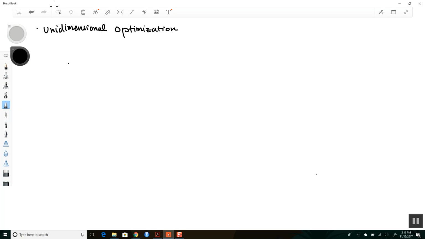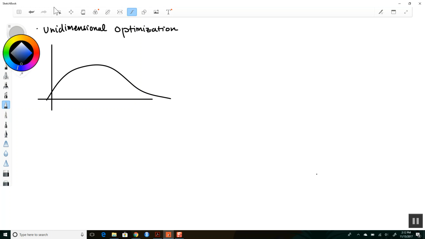So basically, the idea is simple, right? You've got some kind of function, right? And all you want to do is optimization.